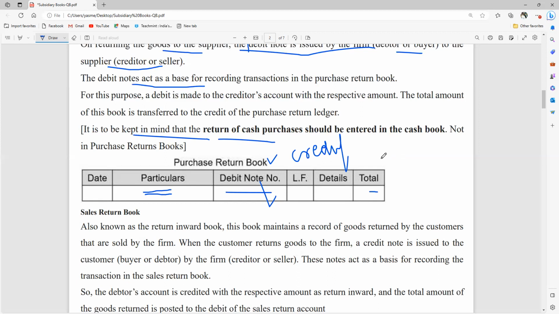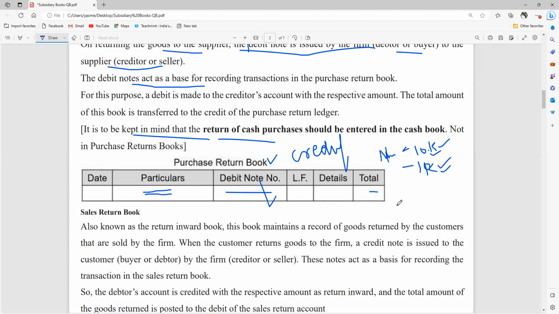Example: I purchased goods from Nitin worth rupees 10,000 on credit, and now I am returning goods worth 1,000 rupees to him. Because this is a credit transaction, the purchase will be recorded in the purchase book, and the return will be recorded in the purchase return book.